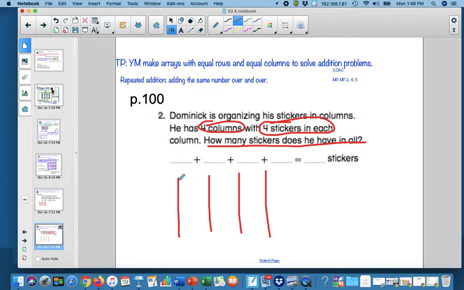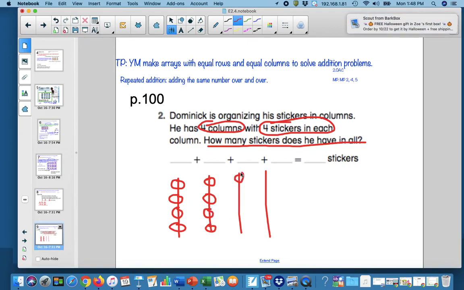So let's put the 4 stickers in each column. 1, 2, 3, 4. 1, 2, 3, 4. 1, 2, 3, 4. 1, 2, 3, 4.